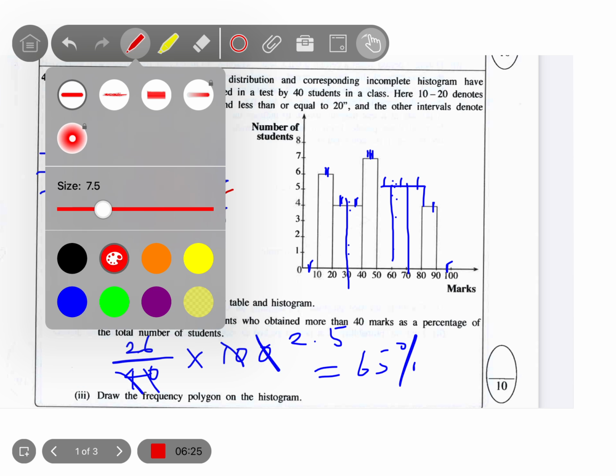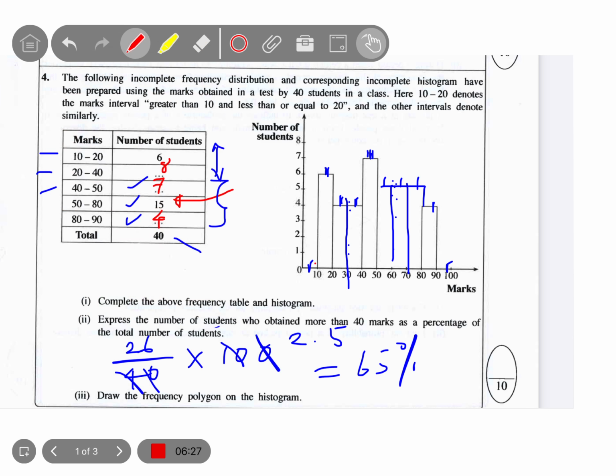Then you join them, from here to here, then here, then up here, then down here, then up to here, and then bring it down to here. It has to be straight lines. So this is the frequency polygon. This question took less than 7 minutes. Let's move on to the last question, the fifth question.